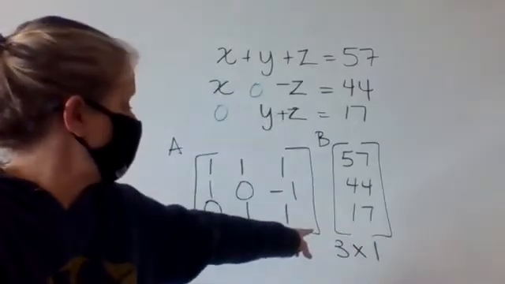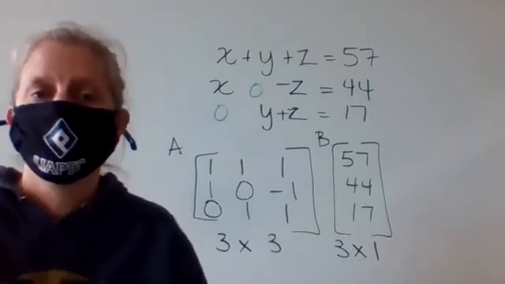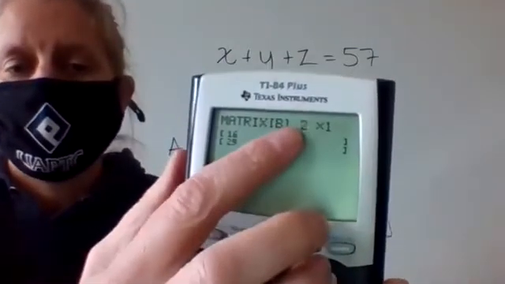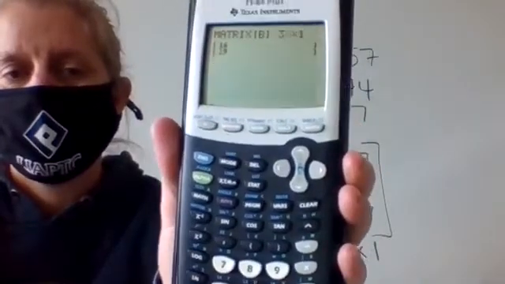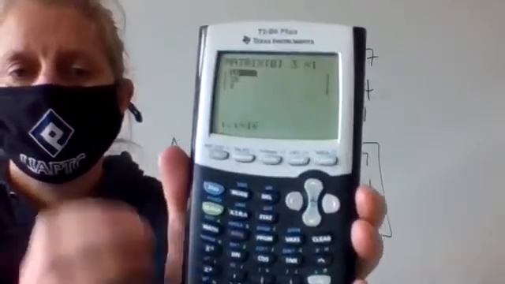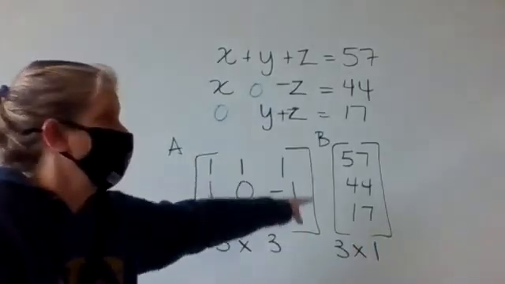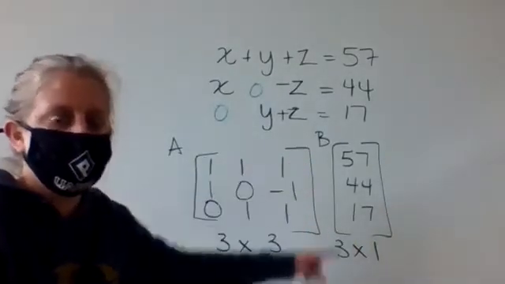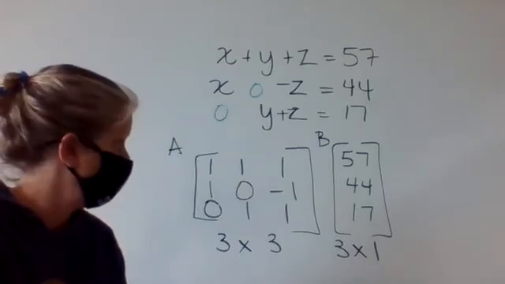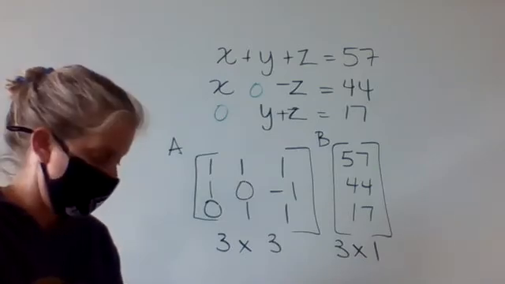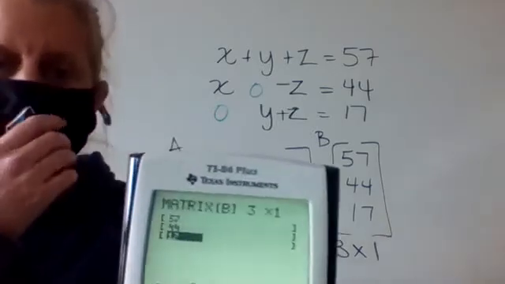I need to make sure that I tell it it needs to be a 3 by 1. So up here needs to say 3 by 1. So 3, enter, 1, enter. And then enter the numbers of this matrix. So 57, 44, and 17. And then double check it again.